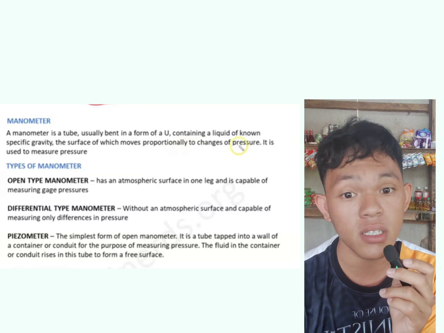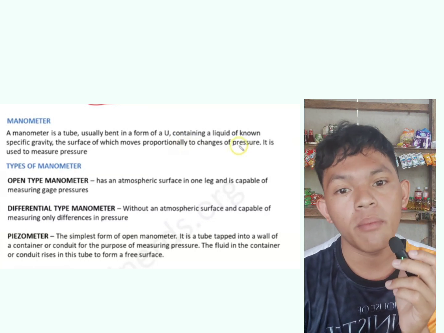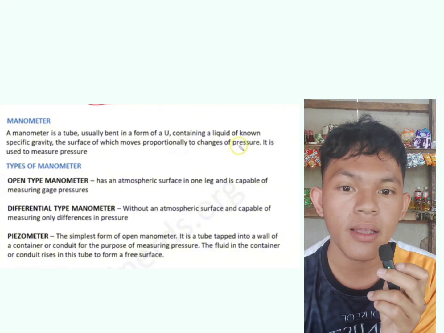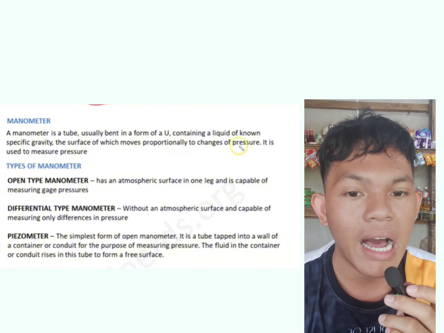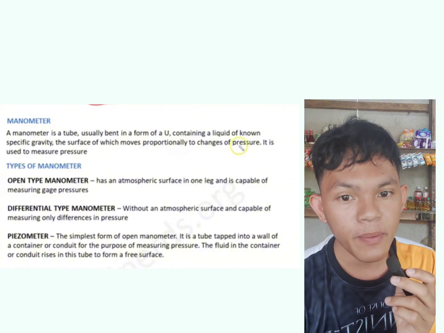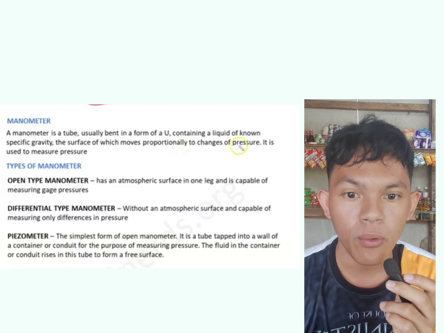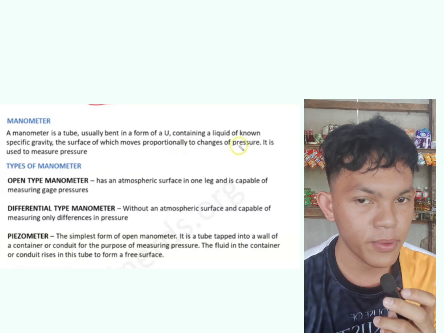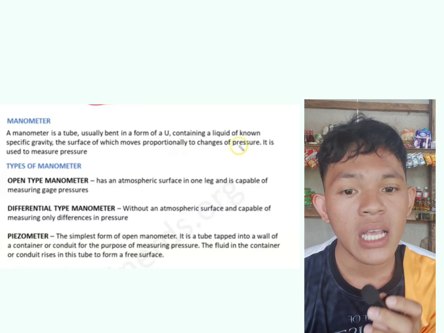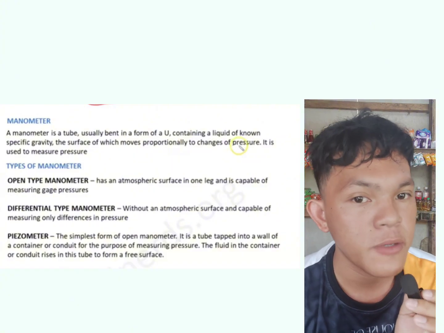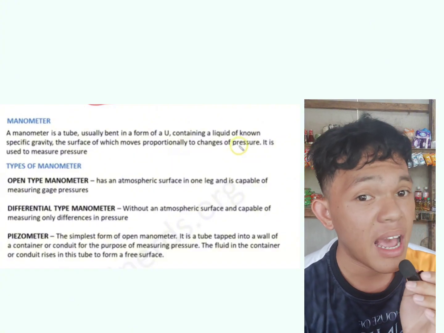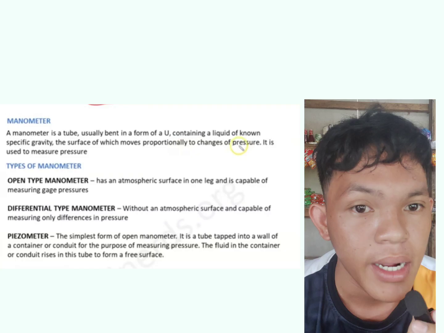Meaning to say, we are focusing on measuring the pressure of liquid. But before we give examples of how we measure it, we have here the three types of manometer. First, the open type of manometer.